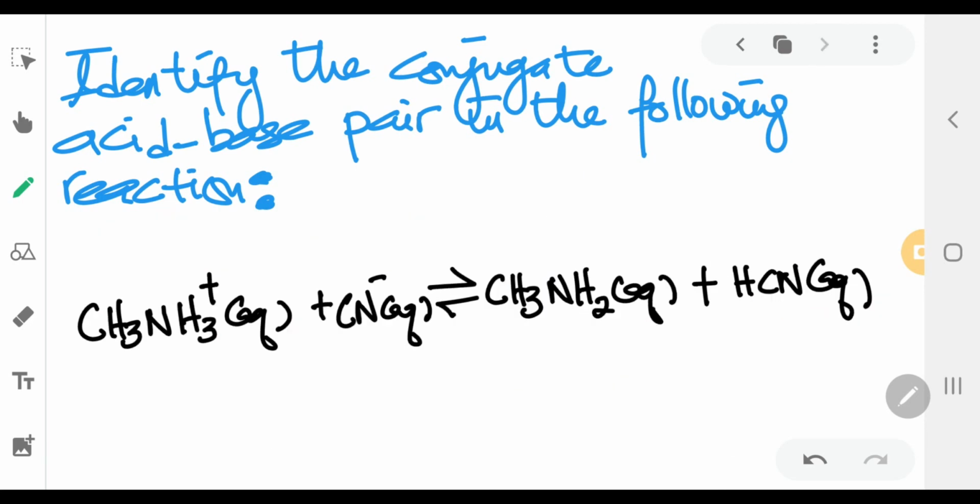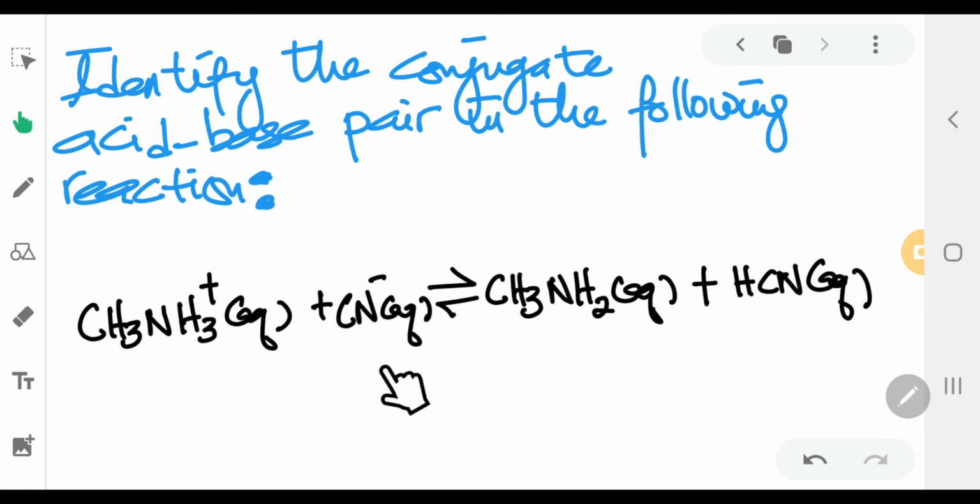What about this example right here? So we're going to employ the same kind of strategy. First, we have to look at your reactants. We have CH3NH3 plus aqueous and CN minus aqueous.